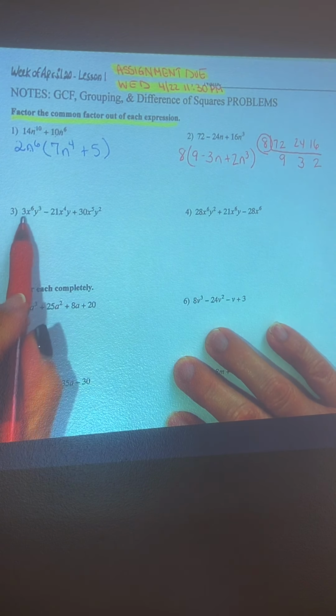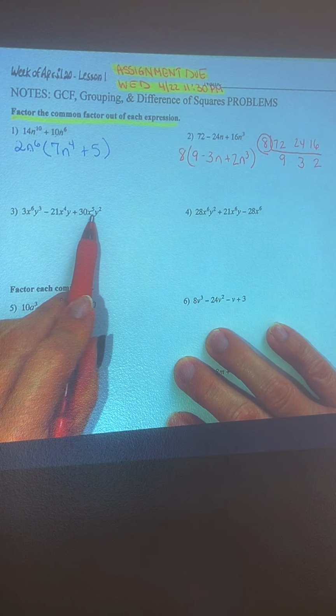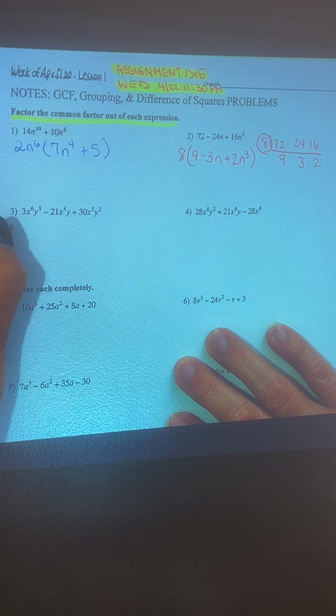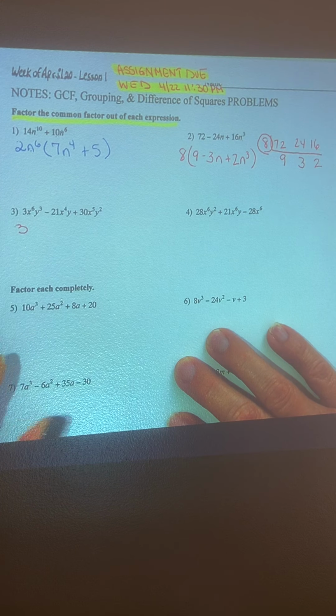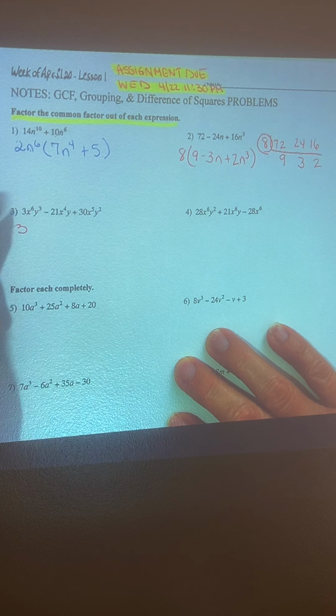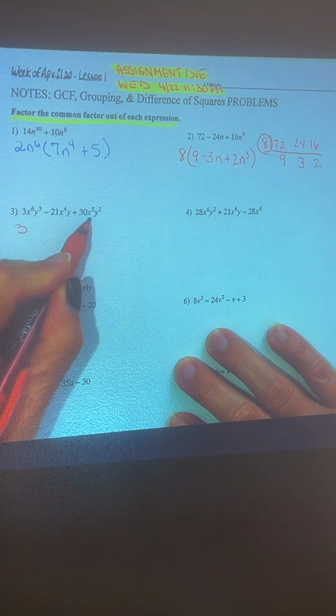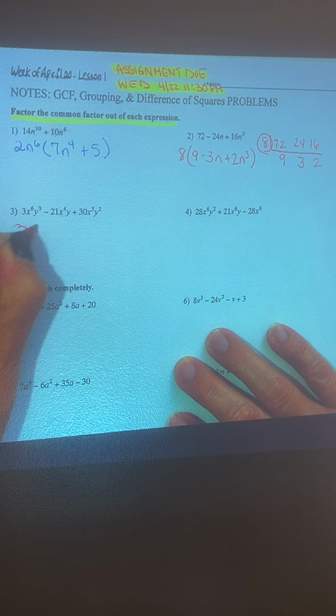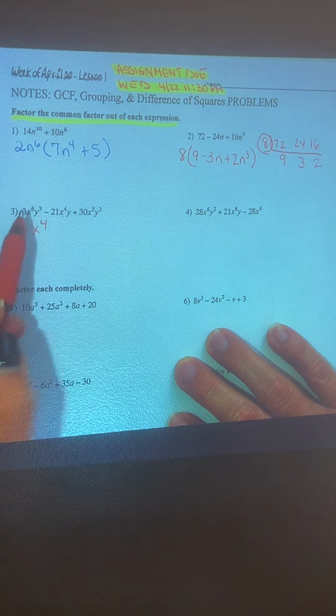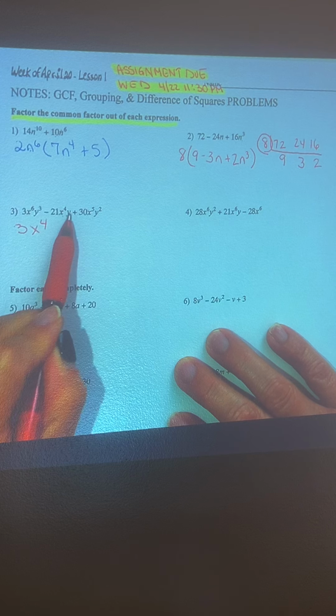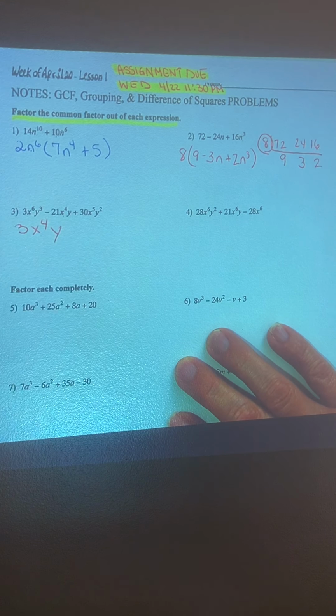Greatest common factor of 3, 21, and 30 is 3. Greatest common factor of x^6, x^4, x^5: smallest exponent, x^4. Greatest common factor of y^3, y^1, y^2 is y^1.